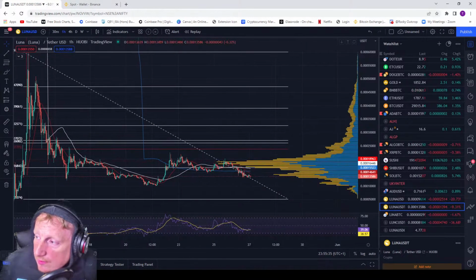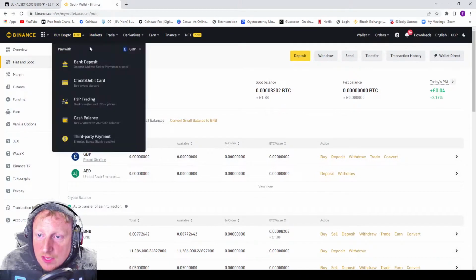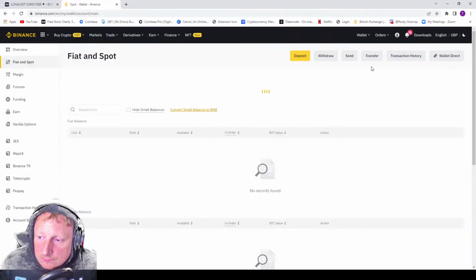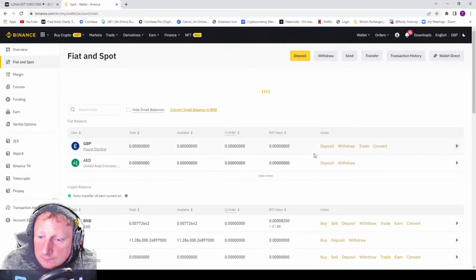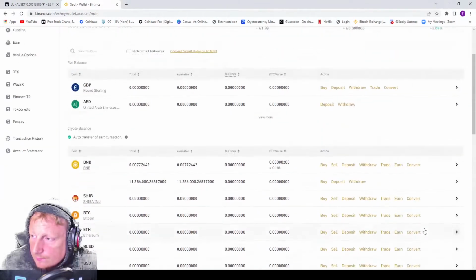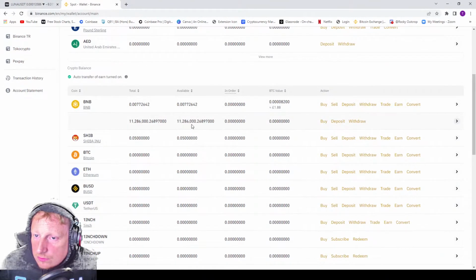But this was my worry, is that on Binance, which I will just bring up now, when I go to my spot wallet, fiat and spot, and head down to view more.